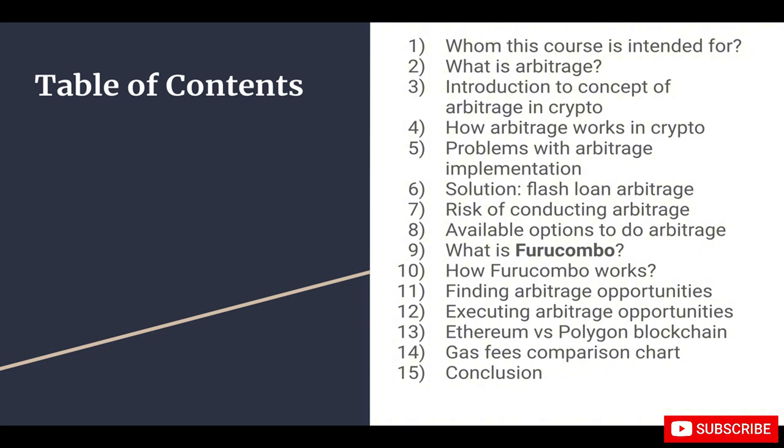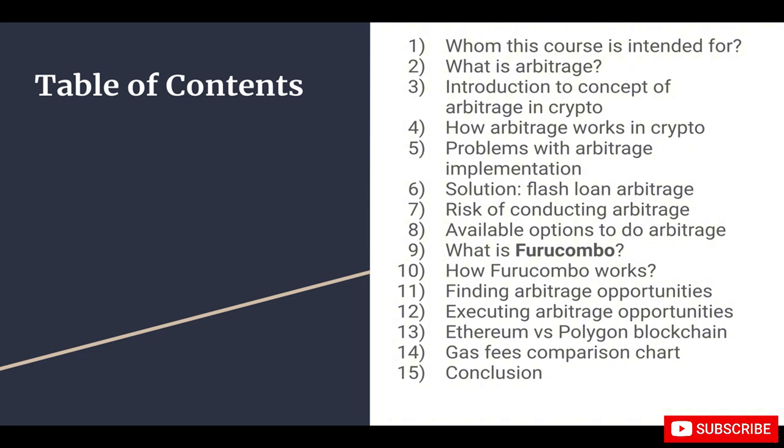Me too. Okay, so let's move on to chapter 9. It's called What is Furucombo? It's basically an introduction to Furucombo. I will guide you to get to know Furucombo a little bit more, and how to be familiar with all its features. Chapter 10, I'll guide you on how to conduct arbitrage trading on Furucombo using the flash loan system.